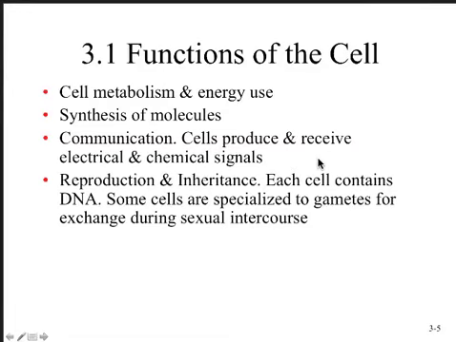These signals operate primarily through the action of ligands binding to receptors or certain channels or gates, either opening or closing depending on certain conditions in the cell membrane at that particular point in time. The communication function of the cell is seen most easily in nerve cells and in muscle cells.